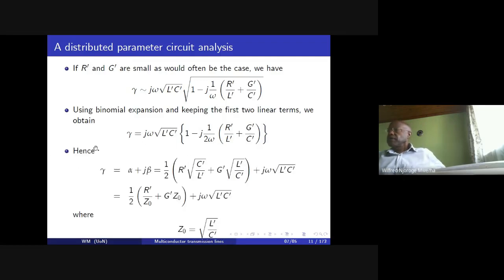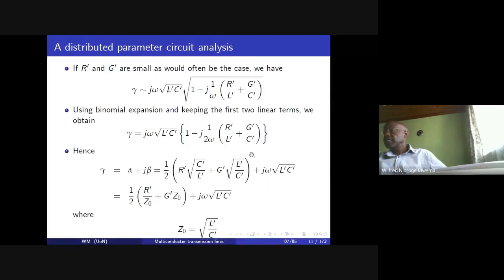So this is what I've just said a few minutes ago. That is, we can write it as α + jβ equal to a half into R' root(C'/L') plus G' root(L'/C') plus jω root L'C'. Now we are going to use this L' and C' as the lossless case, okay?